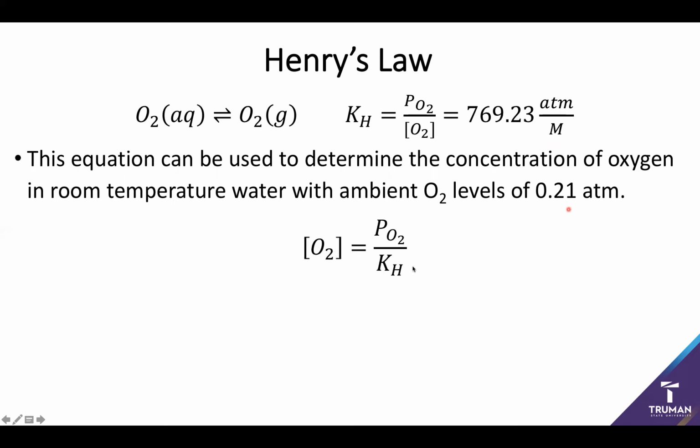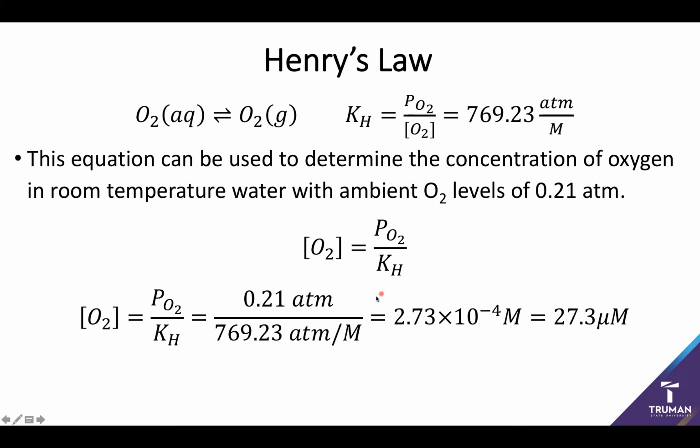Using this, I can rearrange the equation, put molarity on top, and move the Henry's constant to the bottom. Paying attention to units, our atmospheres end up canceling out, giving us molarity as units on the top. So our oxygen concentration will be about 2.73 times 10 to the negative fourth molar.